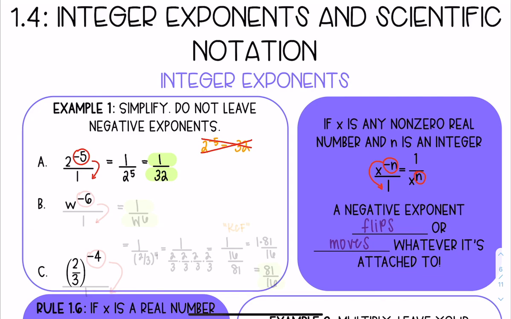So let's try the next one, w to the negative 6. Again, we can flip the w that's attached to this negative 6 exponent, and we're going to flip it to the bottom. So this becomes 1 over w to the positive 6.